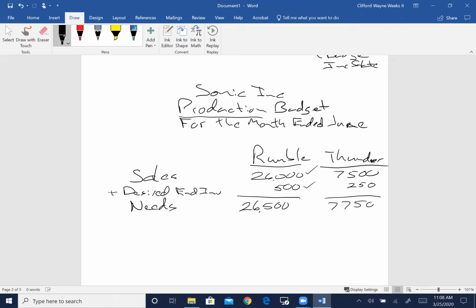But the deal is, we already have some on hand, and that's really the beginning inventory. So if we already have those units, we don't need to produce those units, do we? So what we're going to do is subtract the beginning inventory that we already have on hand. That is the 750 that I picked up before, and the 300 for the Thunder.